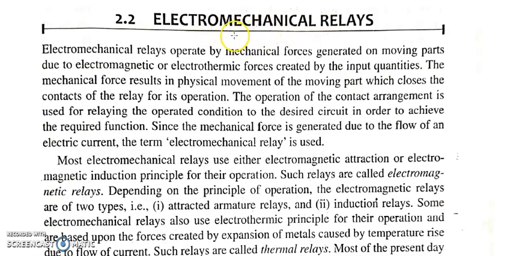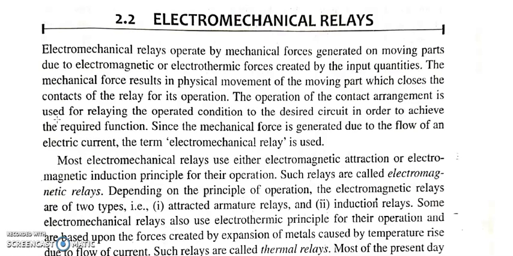So this type of relay operates by applying mechanical forces on moving parts of the power system due to electromagnetic or electrothermic forces. Whatever force is created is because of electromagnetic or electrothermic forces which act upon the moving parts of the power system.